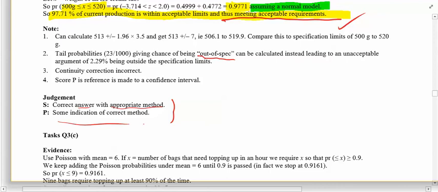One of the things they could ask is they could have given you a question where this percentage was lower, and then asked you how to improve the process.